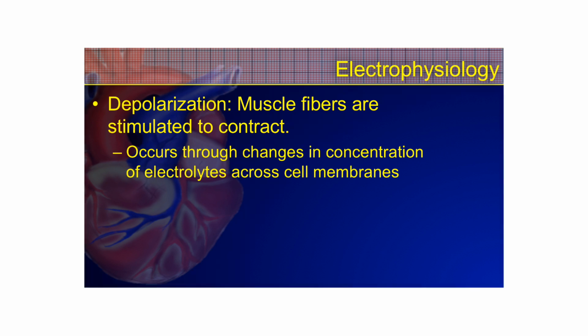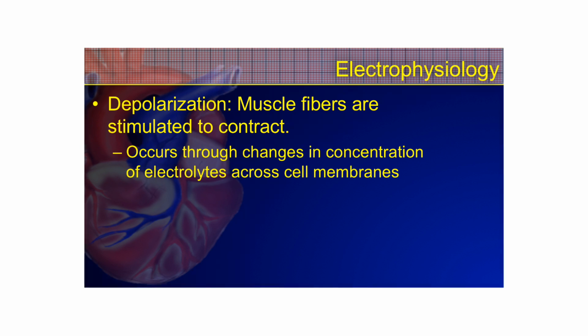Myocardial cells are bathed in an electrolyte solution. So there are electrolytes inside and outside each myocardial cell, and chemical pumps inside the cell maintain the concentration of ions, which creates an electric gradient across the cell membrane. You may have heard of the sodium-potassium pump. That's one of those chemical pumps we're talking about.